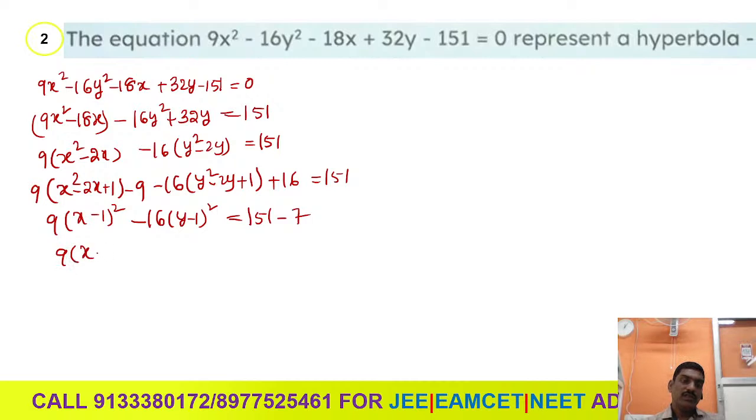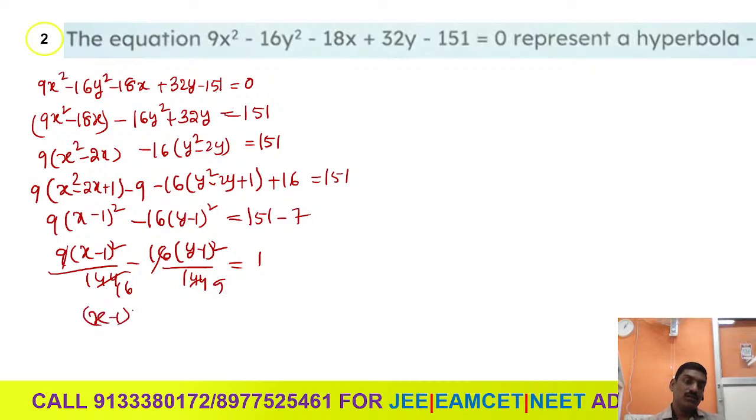So 9 of (x minus 1) whole square divided by 144 minus 16 times (y minus 1) whole square divided by 144, which is equal to 1. So we can get (x minus 1) whole square divided by 16 minus (y minus 1) whole square divided by 9, which is equal to 1.